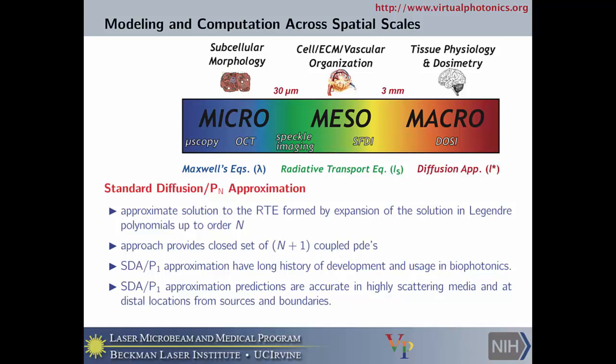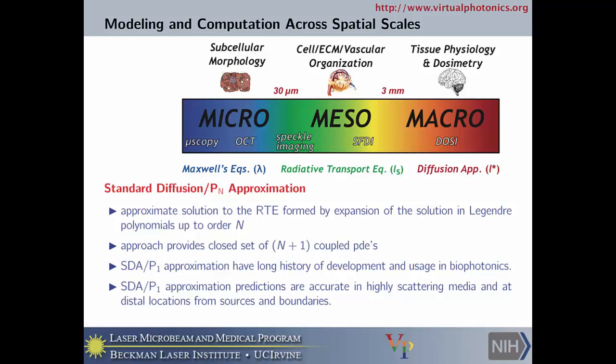So what you do is that you assume that the angular distribution of the radiance can be approximated by a summation of Legendre polynomials of higher order up to some arbitrary order n.